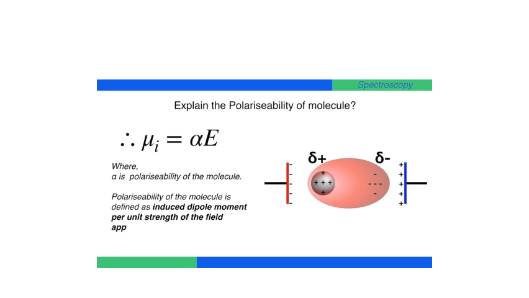Polarizability, here I am representing polarization by mu, and polarizability is defined as alpha.